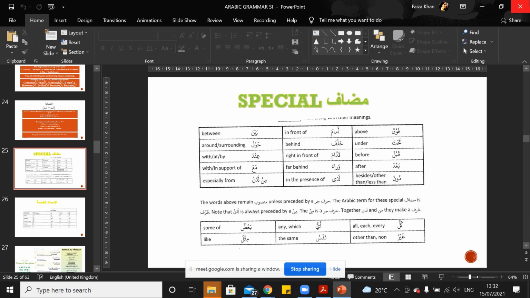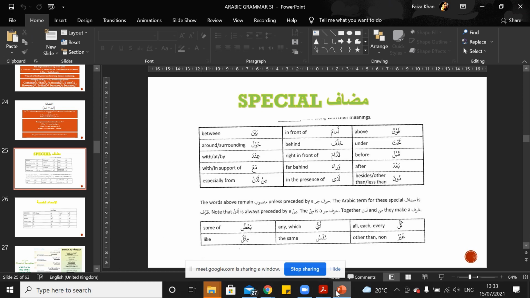The words in the two rows below, kullun, ayyun, badun, ghairun, nafsun, mislun, can take any harakat. But the words above them, fawqa, tahta, qabla, bada, remain the same. They will not change their statuses.